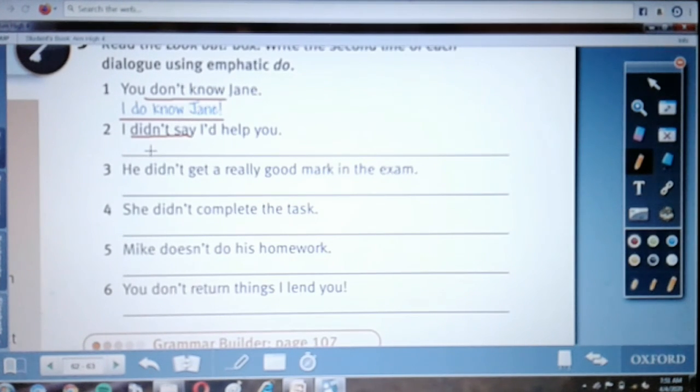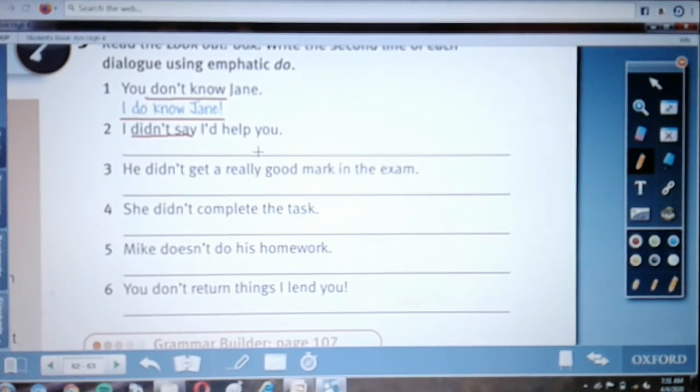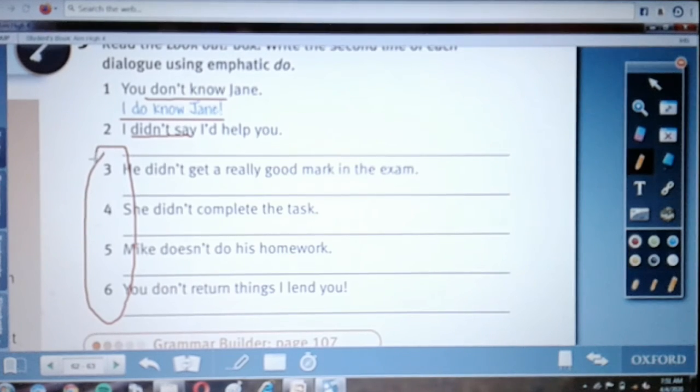You need to change it into you did say you'd help me. So from negative to positive. Okay, now try to finish from number 3 and answer from number 3 to 6. Okay?